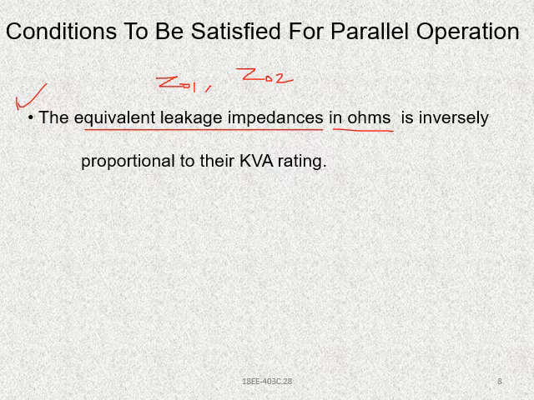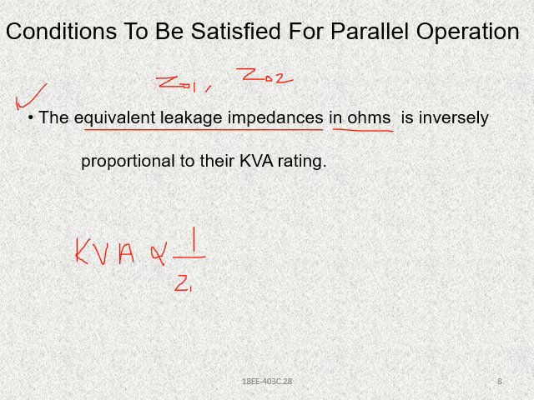That means the kVA is proportional to 1 by either Z01 or Z02. The equivalent leakage impedances in ohms is inversely proportional to their kVA rating. This is not 'by', it's 'or'.